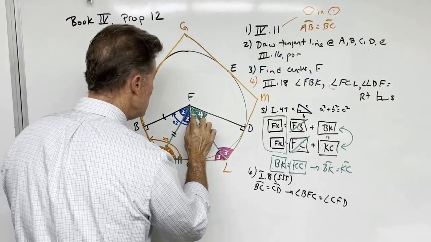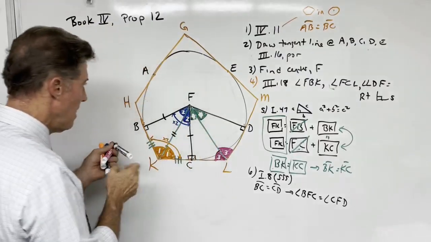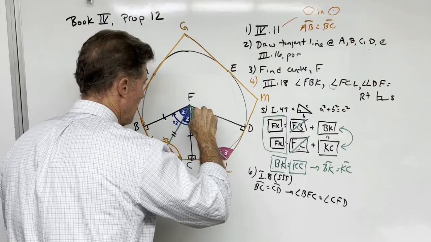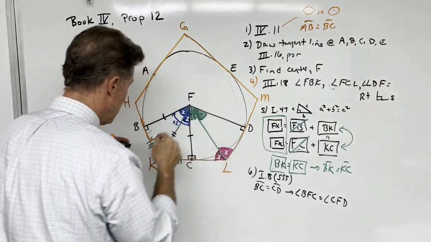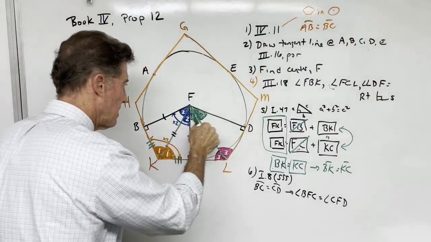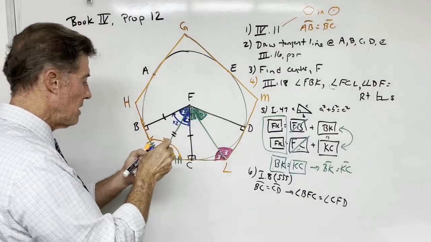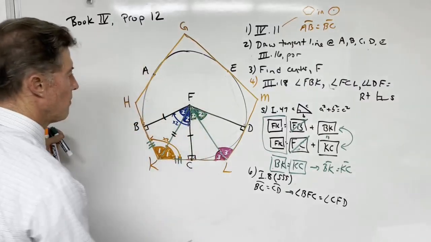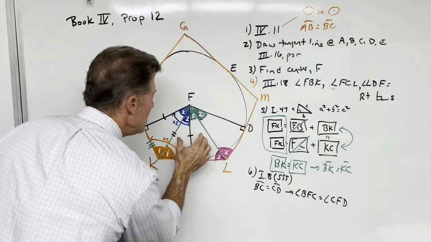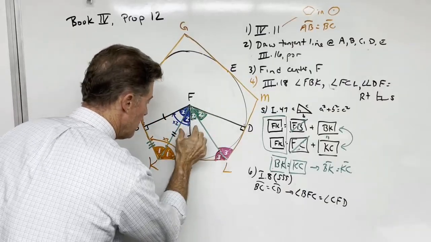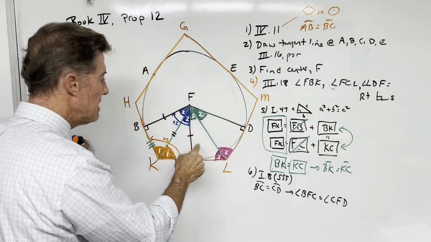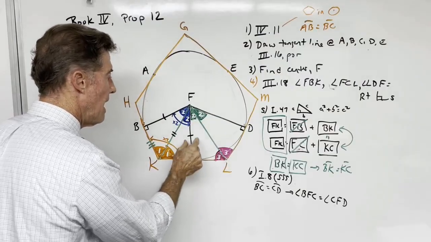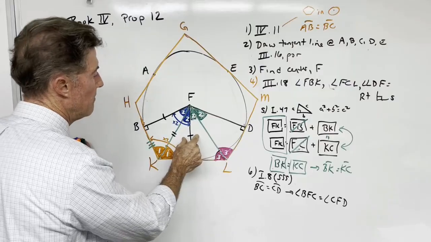So let's just change the value of this from a 4. We'll just say, hey, this is the same as a 2, because this whole thing and this whole thing are equal, and halves of equals are still equal. So this is a 2 and this is a 2. Now let's look at these two triangles. And what we should be able to see is that we have an angle equal to an angle, another angle equal to another angle, and the line in between, the side, equal.